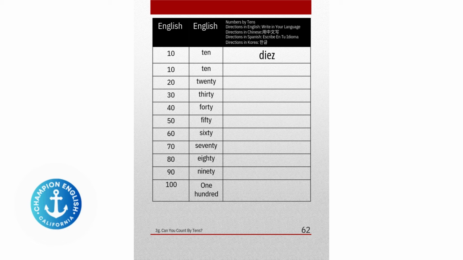So we have 10. Come on, let's say it again together. 10, 20, 30, 40, 50, 60, 70, 80, 90, 100. All right, students, you have 5 minutes. Ready and go.